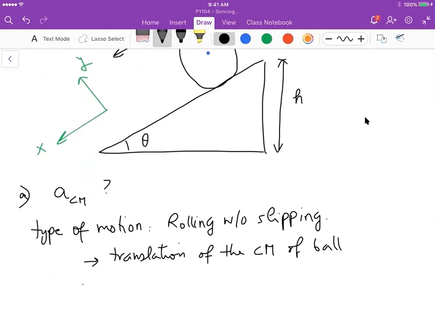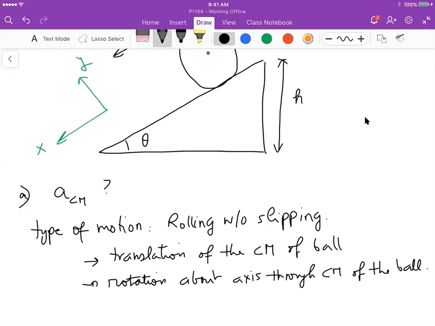And we also have the second element of this motion, which is rotation about the axis through the center of mass of the ball.